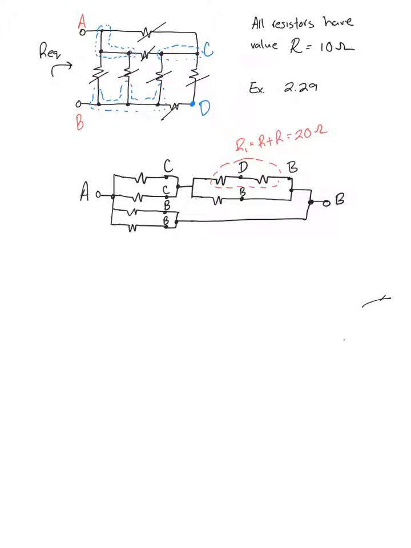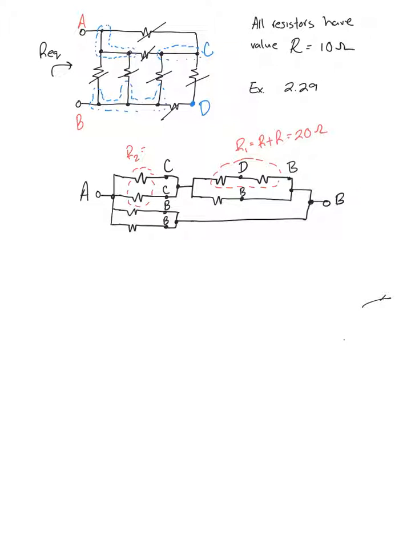One other one that I see right away is that these two resistors that we started with are both share nodes A and C, therefore by definition they are in parallel. Call that R2.